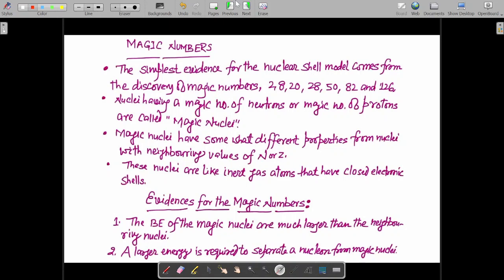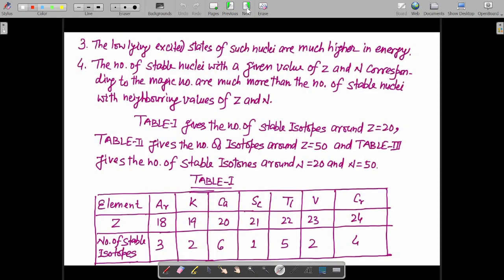Larger energy is required to separate a nucleon from magic nuclei. The low lying excited states of such nuclei are much higher in energy. What does it mean? Low lying excited states of magic nuclei.